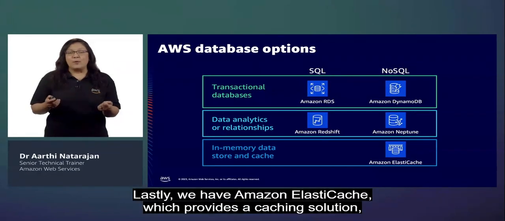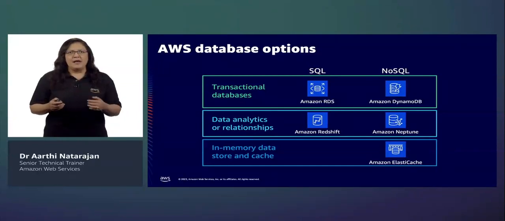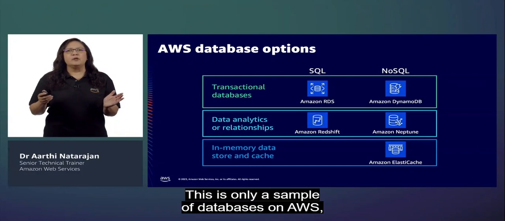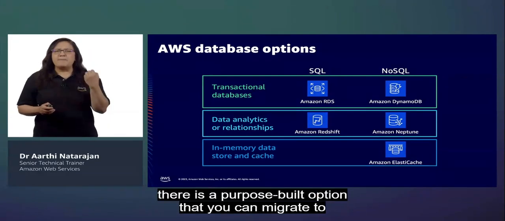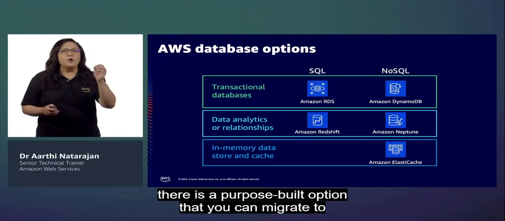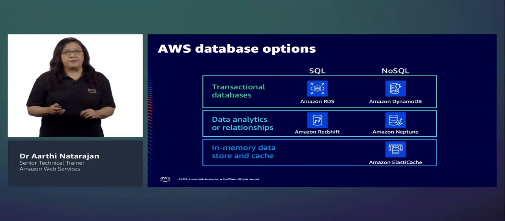Lastly, we have Amazon ElastiCache, which provides a caching solution, and it's available with two popular caching engines, Redis and Memcached. This is only a sample of databases on AWS, but regardless of your application needs, there is a purpose-built option that you can migrate to or stand up in the cloud.